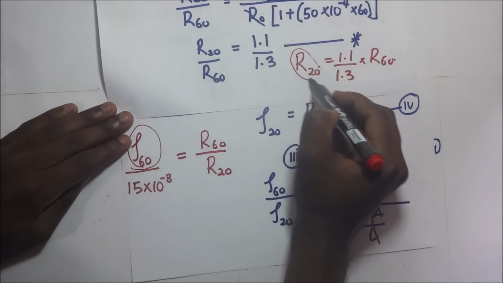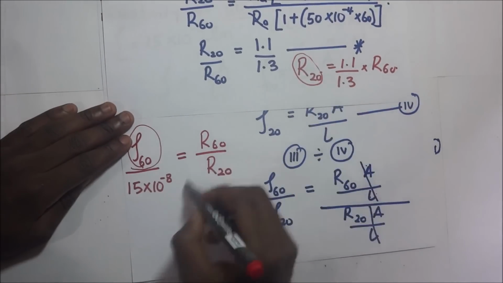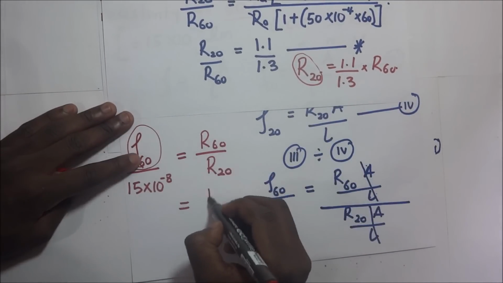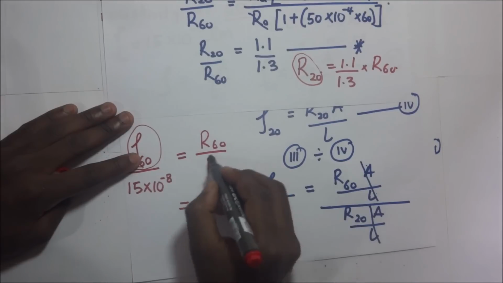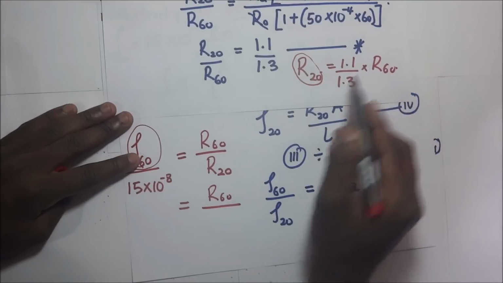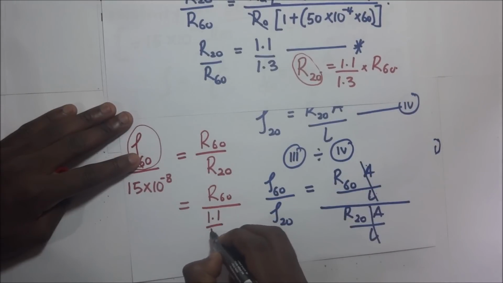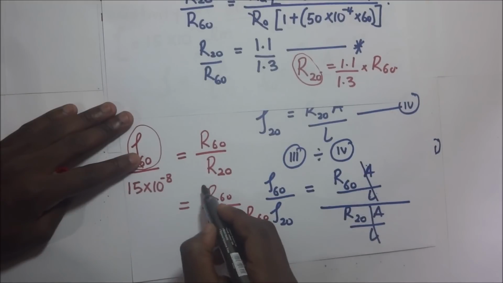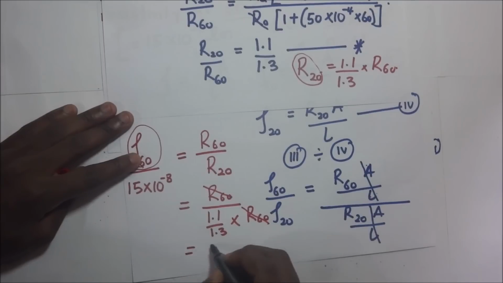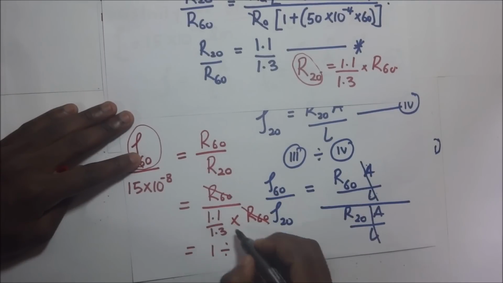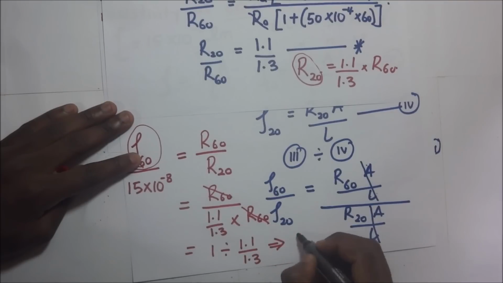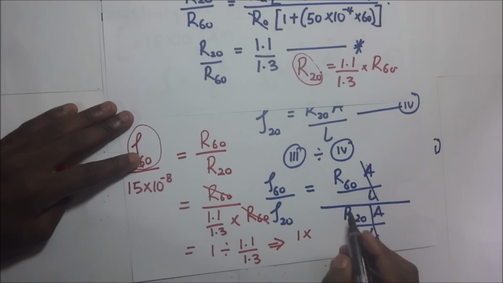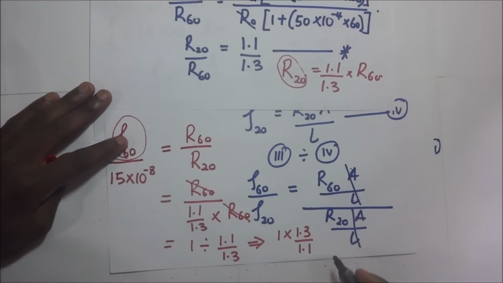If you substitute this into the resistance at 60 divided by the resistance at 20, you get the resistance at 60 divided by 1.1 over 1.3 times the resistance at 60. So this cancels with that, and you remain with 1 divided by 1.1 over 1.3, which is the same as saying 1 times 1.3 over 1.1, and you will end up with your answer.